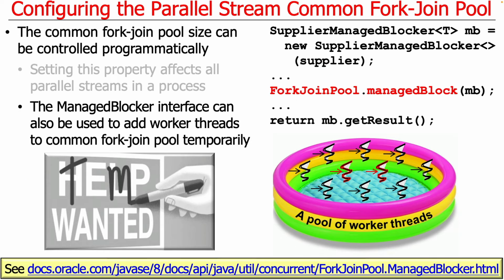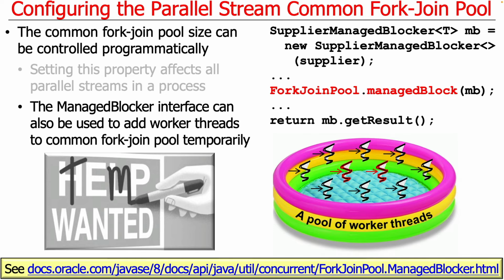Okay, the better way to do things is to use something called the managed blocker interface. And we'll talk about this perhaps more later, but that's another topic for a different class. What it does is it will automatically and temporarily increase the number of threads that are part of the common fork join pool for roughly about as long as it takes for whatever bursty period of I/O tasks are required.